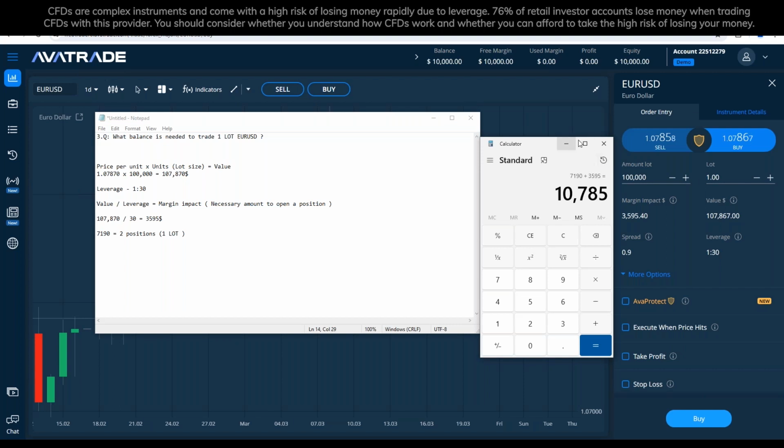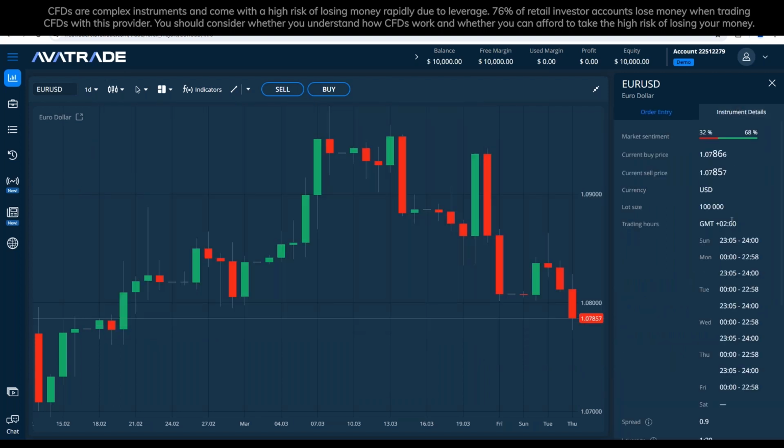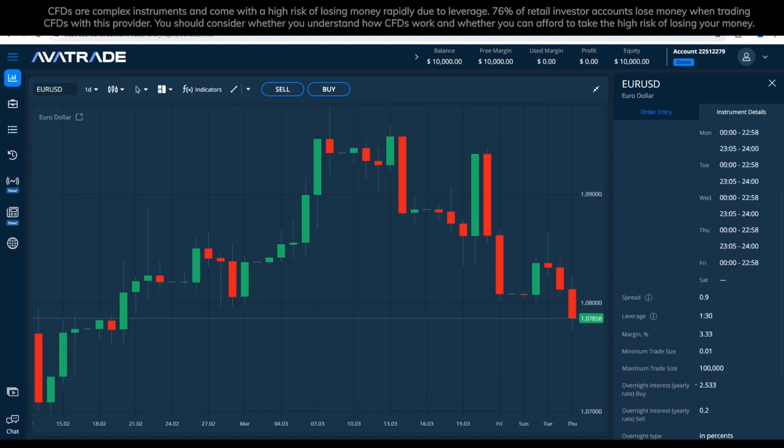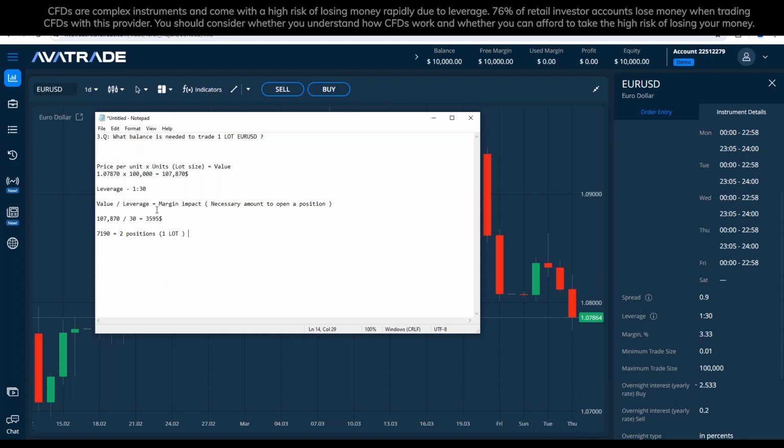I can also go in here and see that the percentage required for this position is 3.3. How come this is 3.3? For the same reason that I divided the value by that. That means, in other words, that I need 3.3% out of that number.